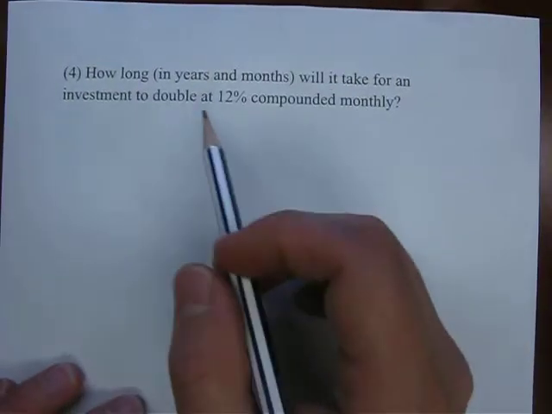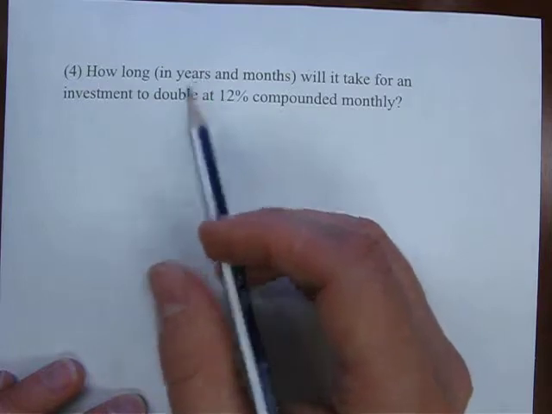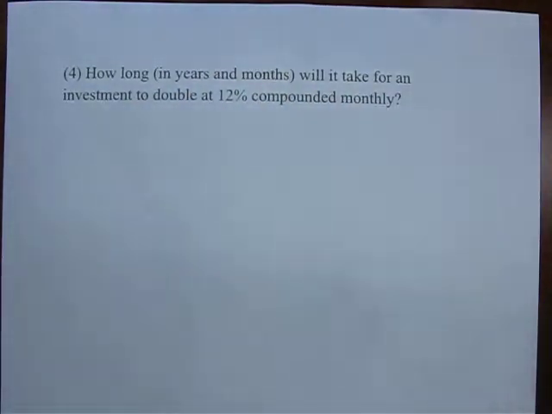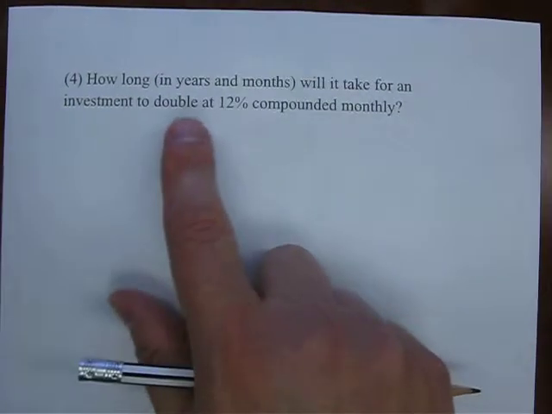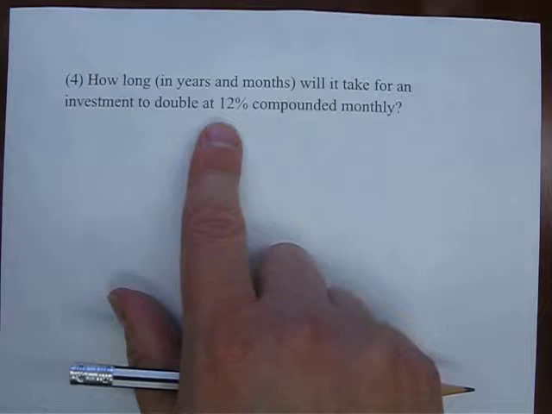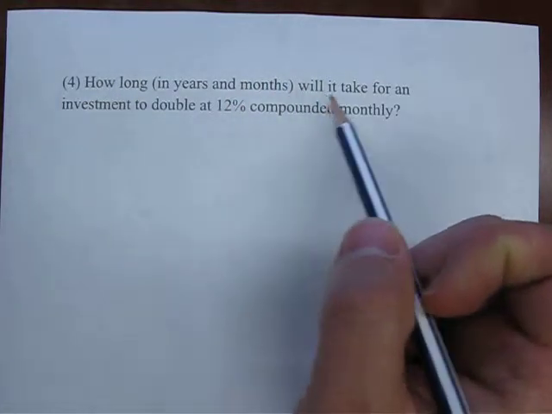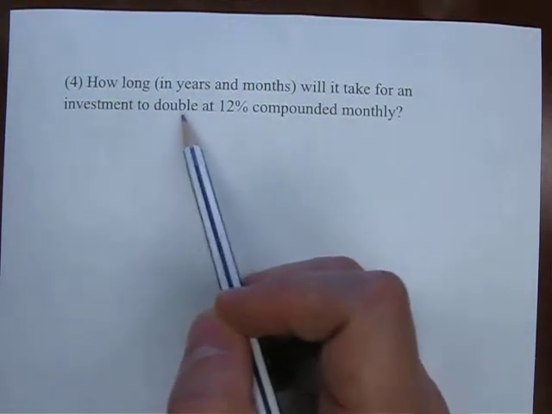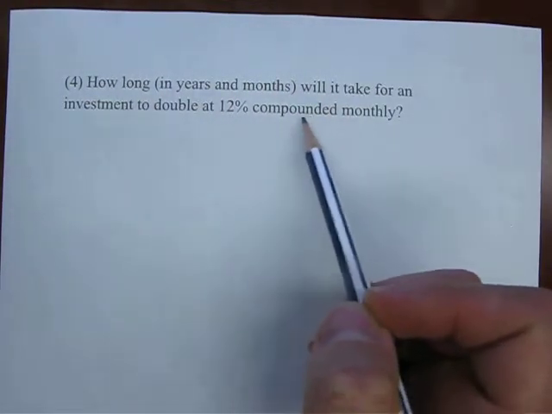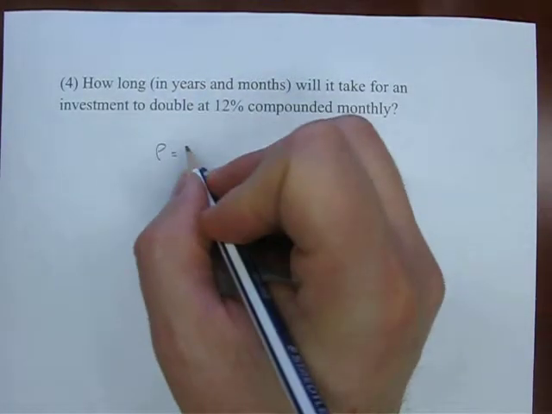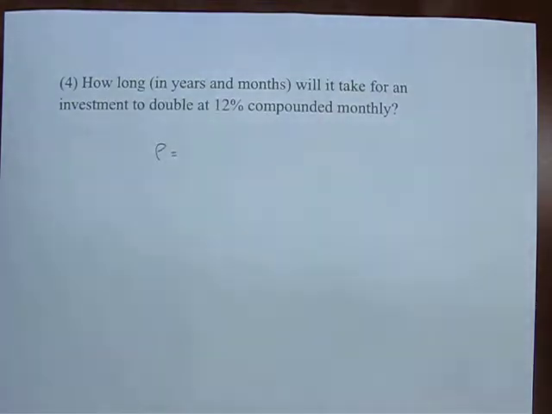This one is kind of like the last one, although it might seem like there's not enough information to solve it. So let's read it, see if we can figure out that it is like the last one, and that there's enough information to solve it. Okay, so it says, how long in years and months will it take for an investment to double at 12% compounded monthly? Well, I know my formula for compound interest.